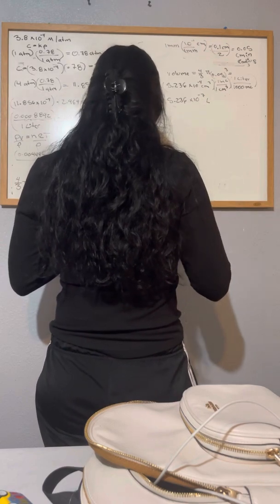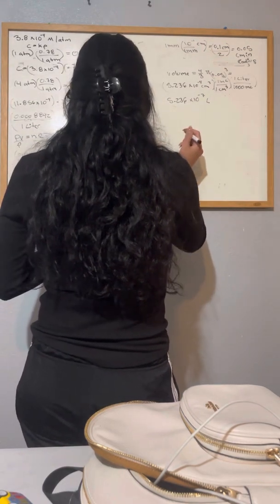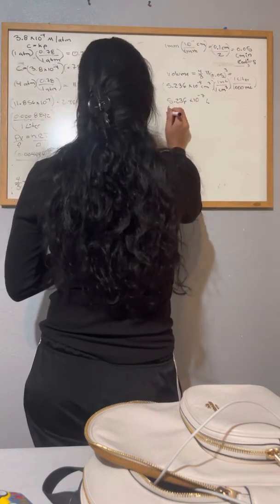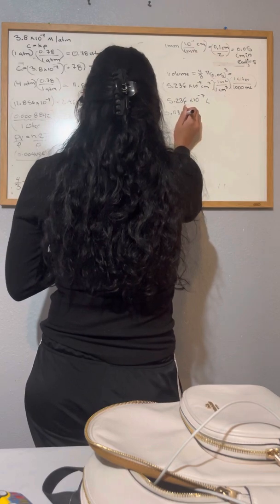Okay, so now that we have our 1 bubble, we are going to use 0.113 liters.